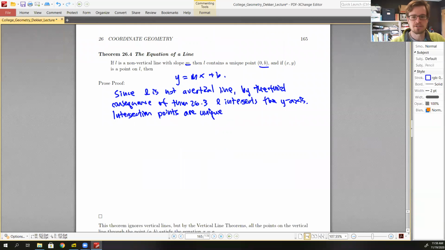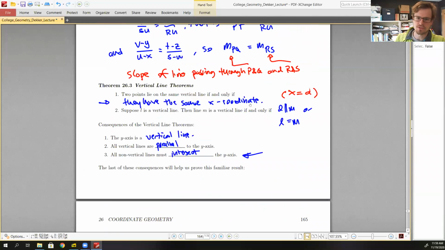And of particular interest to us is that a point on the y-axis has coordinates something comma something. And we know what this should look like for the most part. It's a result of the fact that the y-axis is a vertical line, so all points have the same x-coordinate.